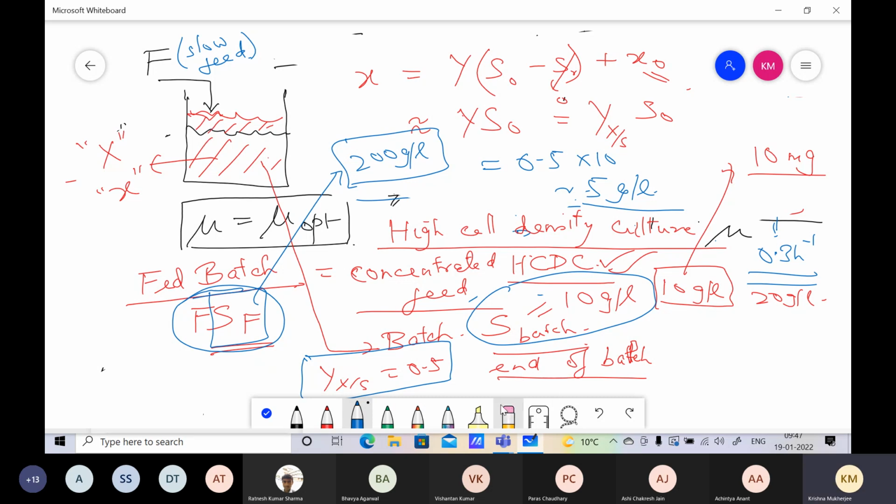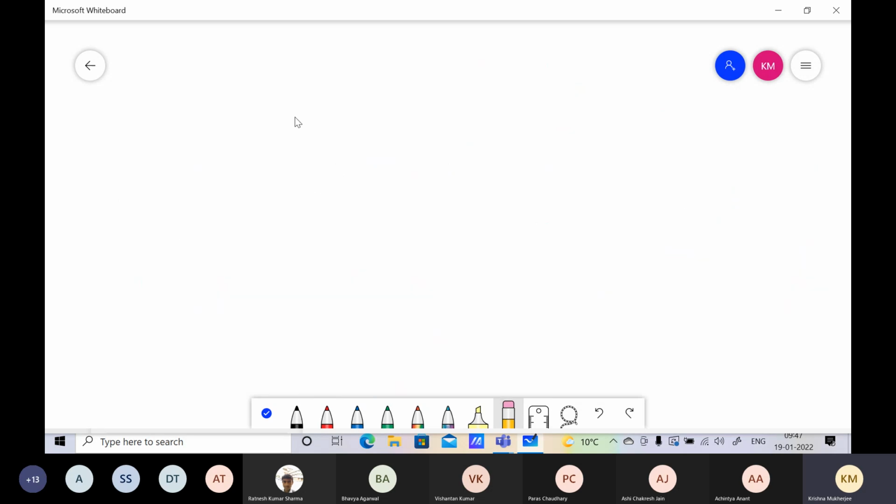Yeah. So now let me sort of rub it out. Really now it's simple enough. So now let me get down to the basics. Now typically dS by dt, the rate of change of substrate concentration in the fed batch, is equal to F SF minus mu x by Yx by s. I'm going to simplify it.